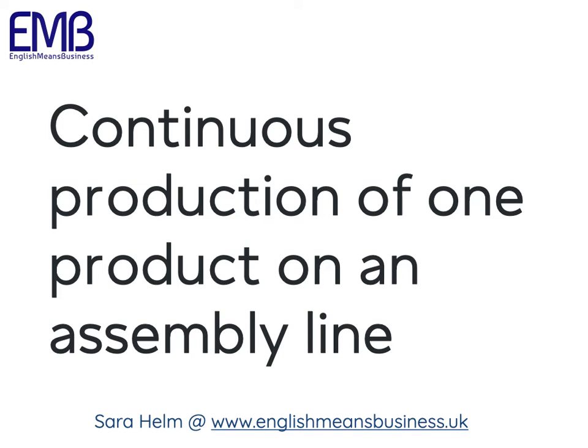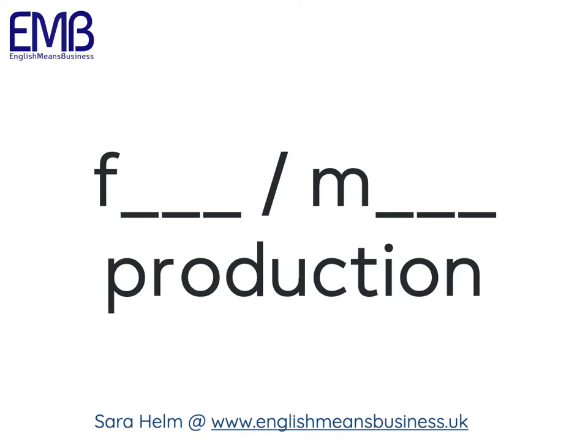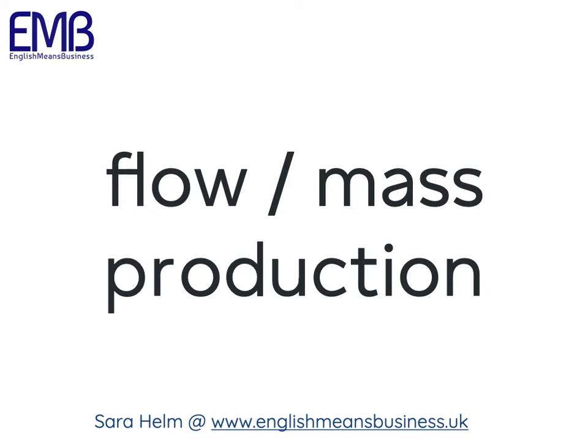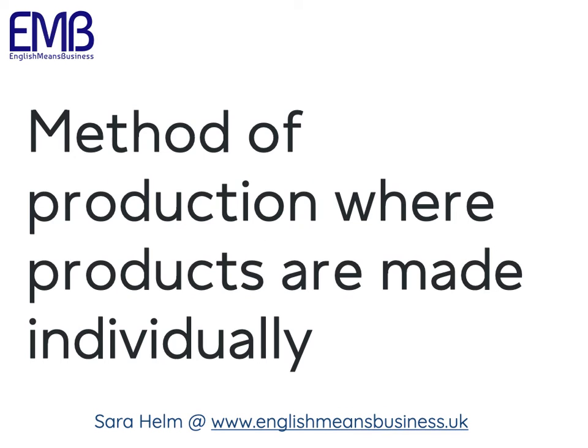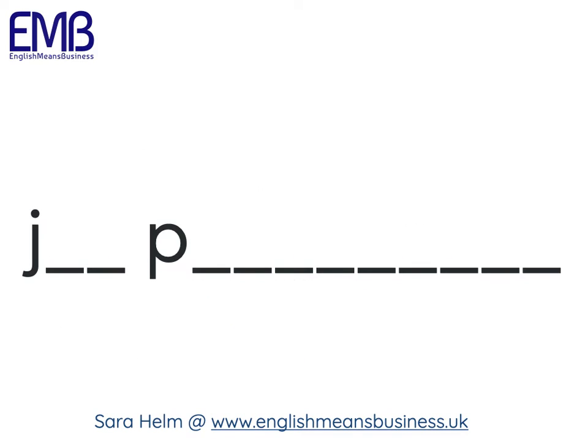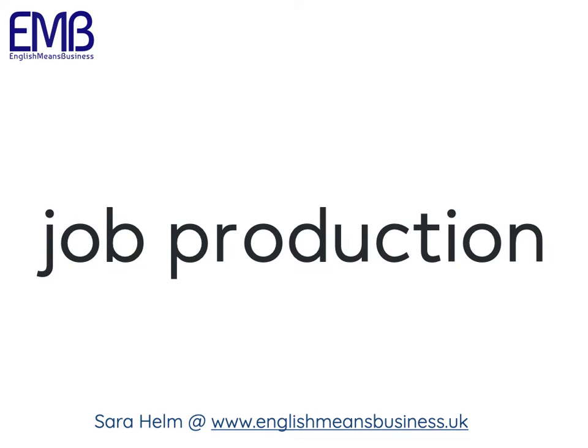This is continuous production of one product on an assembly line. Yes, flow or mass production. This method of production is where products are made individually. Job production.